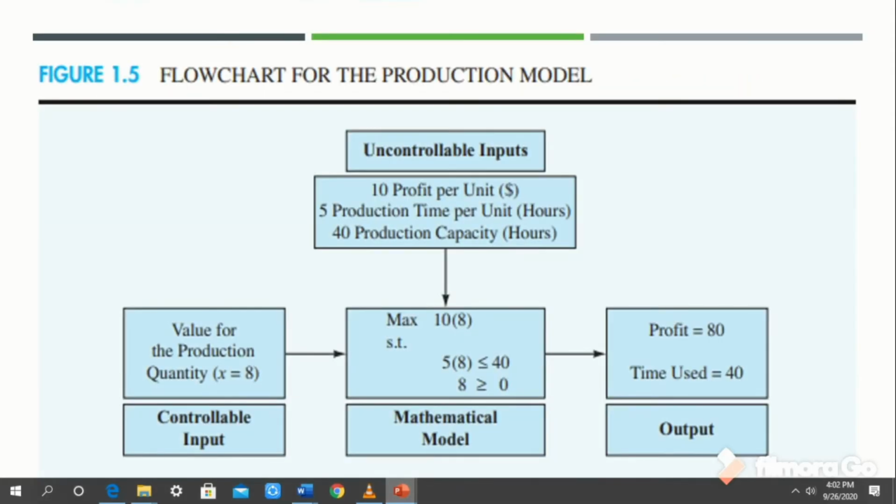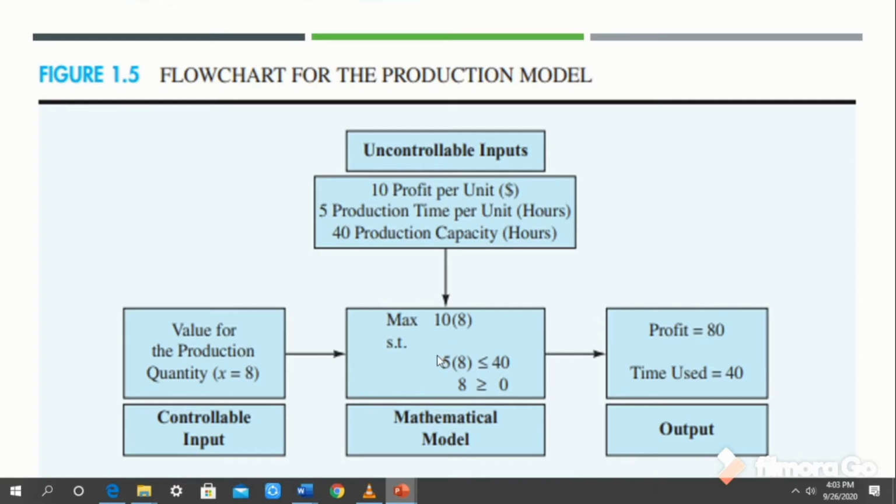So same ra siya. Gibutang na siya sa input. Uncontrollable, again, this is 10 profit per unit, 5 hours production time, and 40 hours production capacity. And then the value of the production, imong quantity, which is of course from the solution, di ba? Ang answer is 8. So 8 ka products ang imuhang ma-produce given the equation.